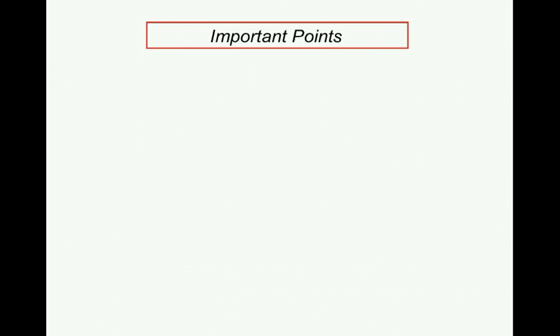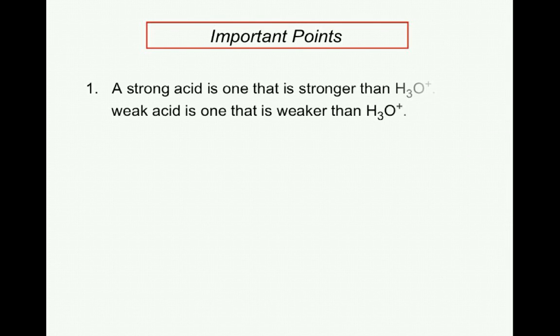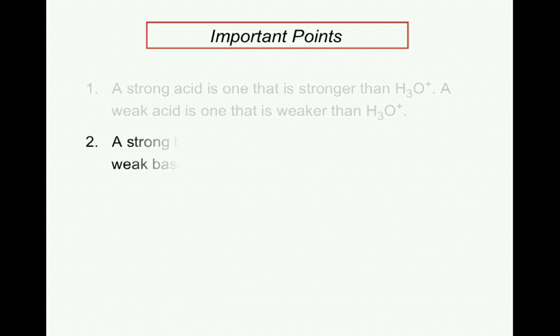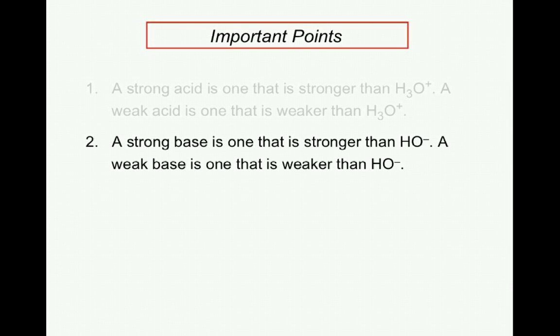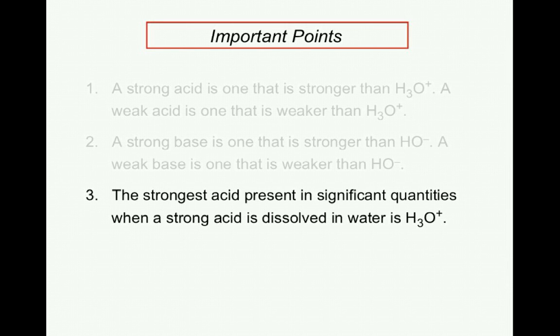Remember from this lecture 4 important points regarding Bronsted-Lowry theory. 1. A strong acid is one that is stronger than H3O+, and a weak acid is one that is weaker than H3O+. 2. A strong base is one that is stronger than OH-, and a weak base is one that is weaker than OH-. 3.